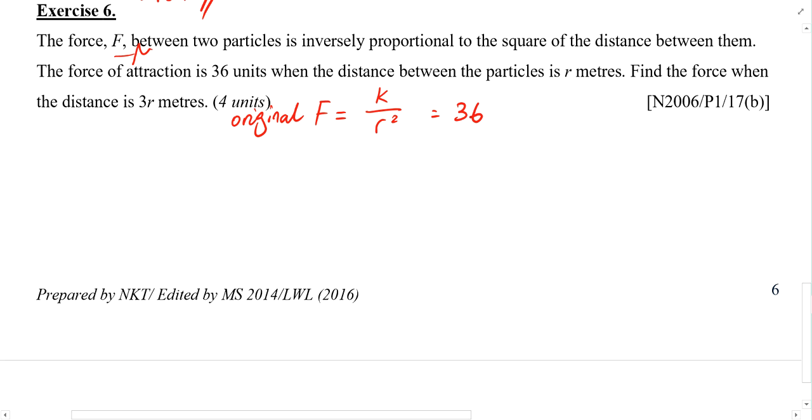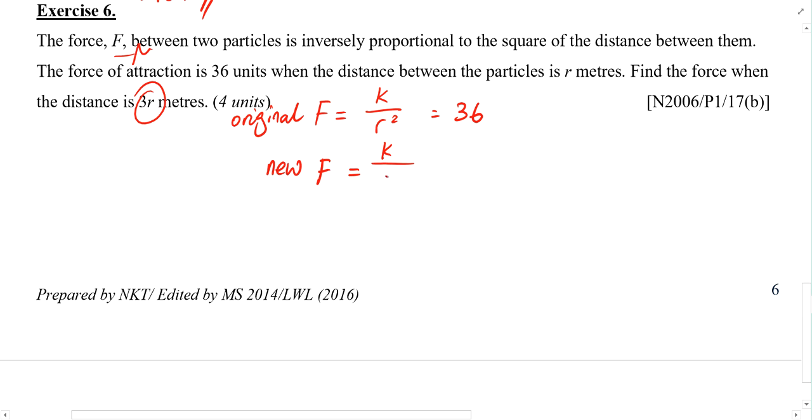Okay? Then what is my next step? What is the word I need to write? New. Because we are trying to find a new force. So new force must be equal to, is it the same k? Yes. Is it the same R? What is the new R now? 3R. It is now 3R.